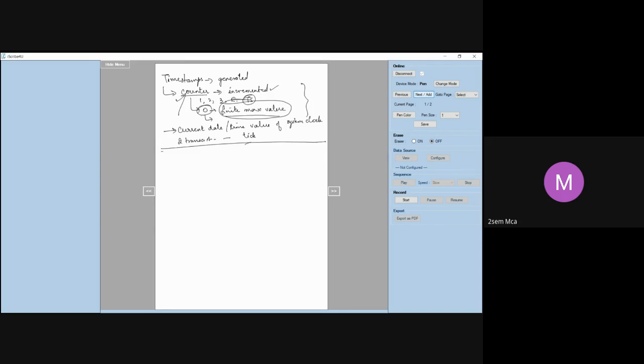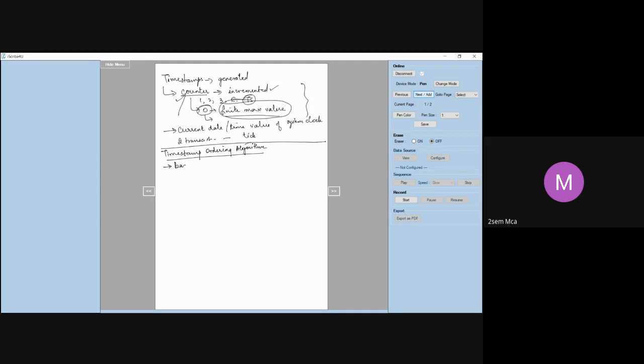Now we move on to the timestamp ordering algorithm. What is the algorithm that we are going to learn here? The timestamp ordering algorithm. There are 3 different versions of this algorithm.